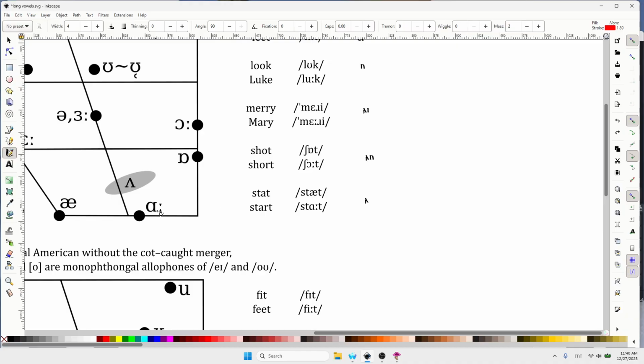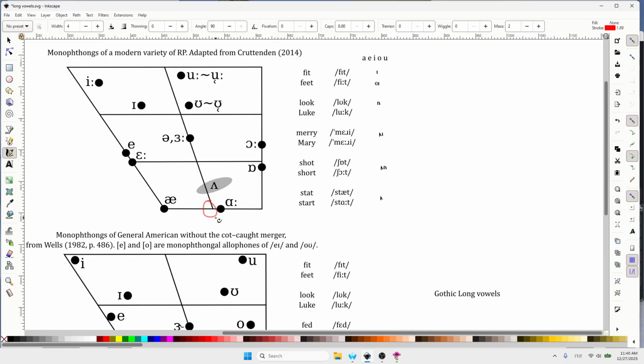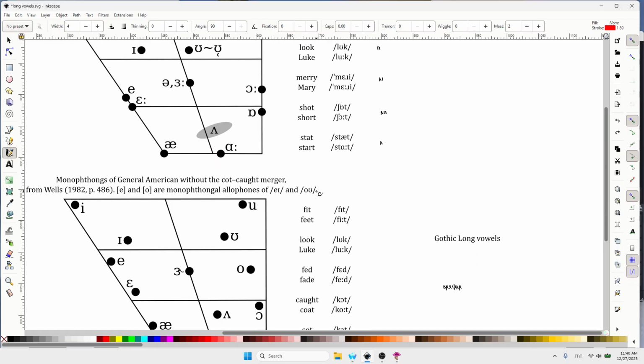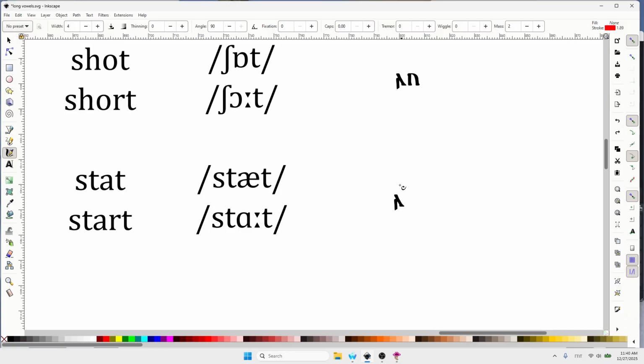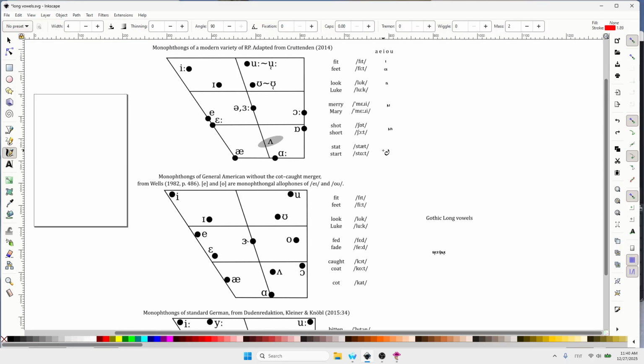It's probably pronounced around here, whether it's short or long. But all we know is that it's used to transcribe a in Latin and Greek, and that in Proto-Germanic it was probably further back around here at some point, but we don't really have much evidence, I don't think.